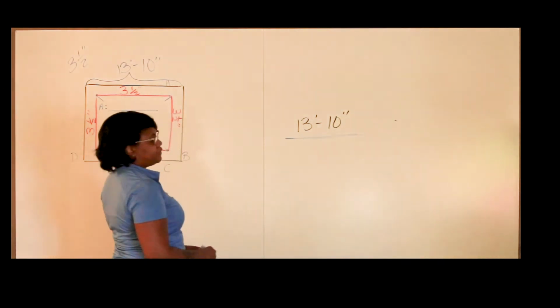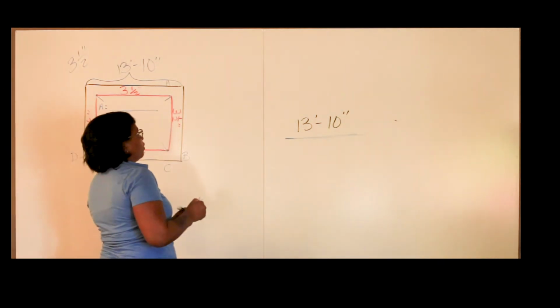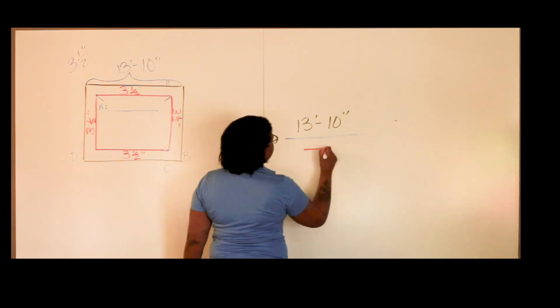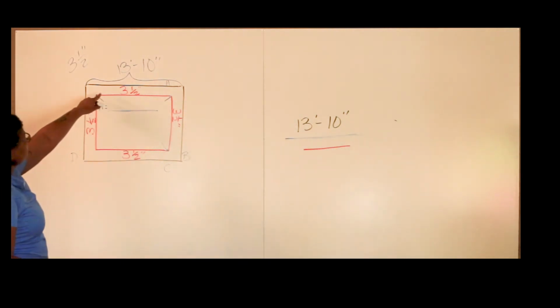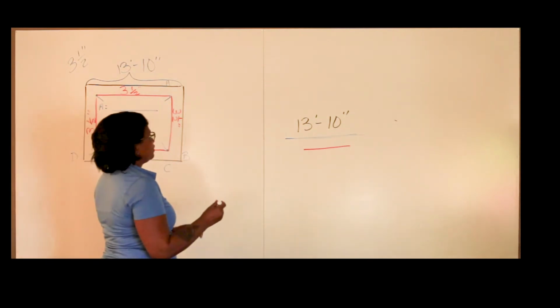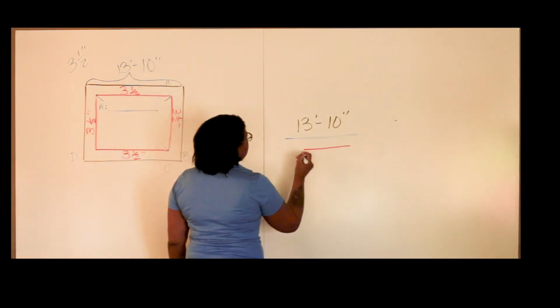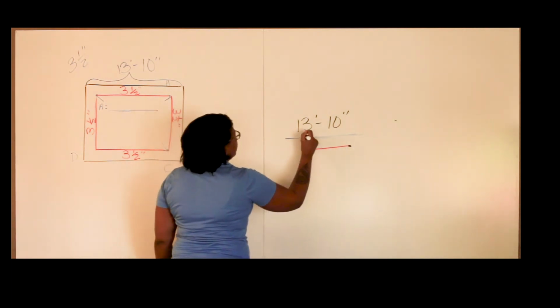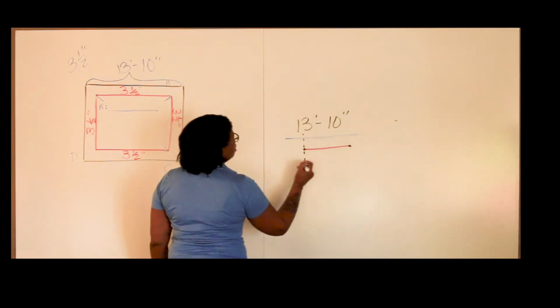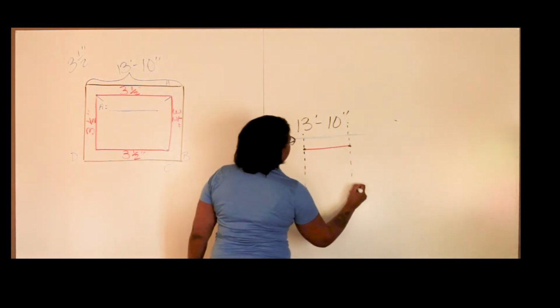We have 13 feet 10 inches. We need to figure out what this interior wall is, which is shorter, right? We have a 3.5 inch thickness. So we want to find this interior wall. I need to find out how much I need to take away.